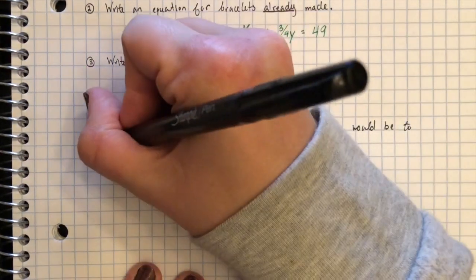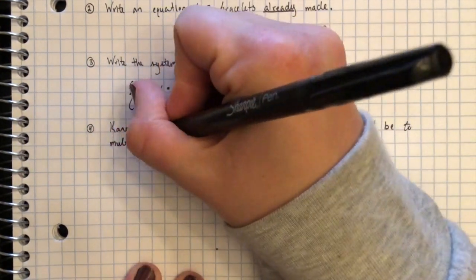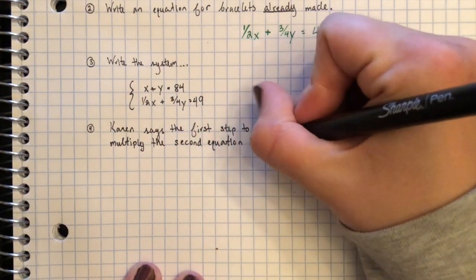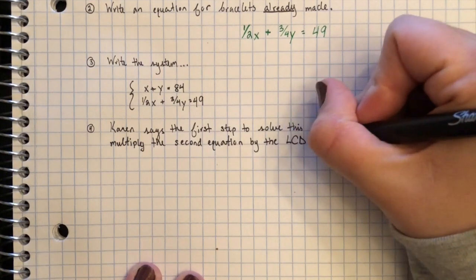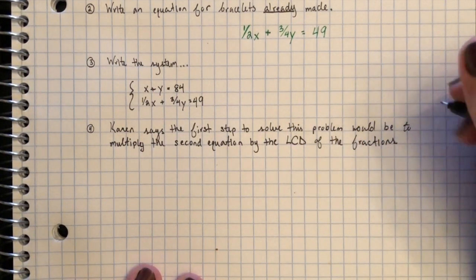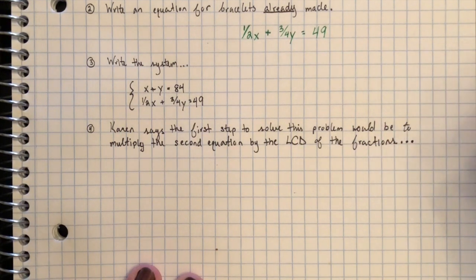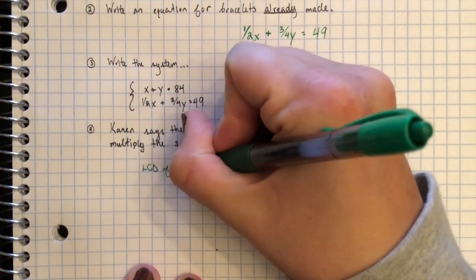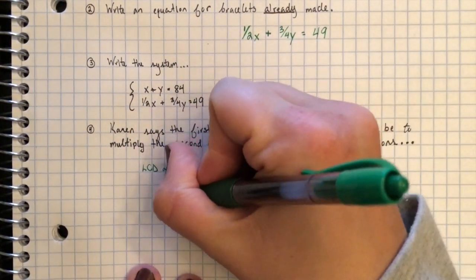Part 4 mentions that Karen says the first step to solve this problem would be to multiply the second equation by the least common denominator of the fractions. Now, this is something that we may be thinking, is this right? Is it not right? So the least common denominator of 1/2 and 3/4 is actually 4.